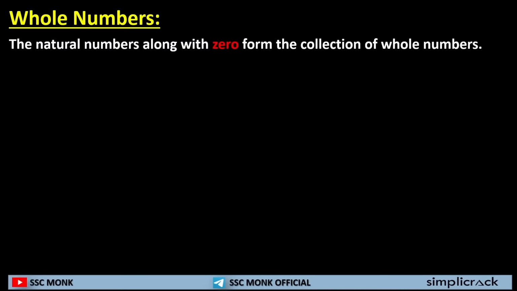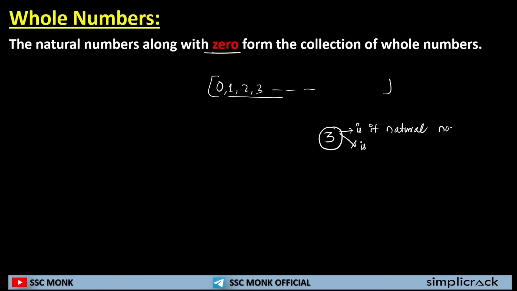What is a whole number? Natural numbers along with 0. So if I add 0 to all the natural numbers, I'll get whole numbers. In natural numbers, we are counting from 1. In whole numbers, we'll be counting from 0, 1, 2, 3, 4, 5. Now, if I ask, 3 is a number. Is it a natural number, or a whole number, or both?